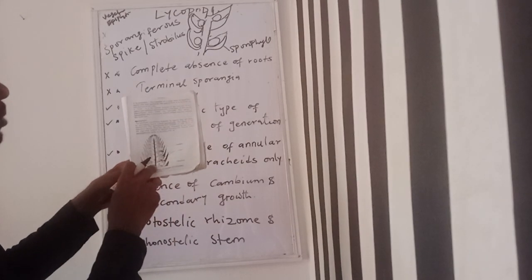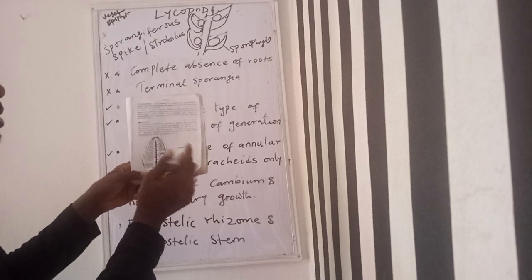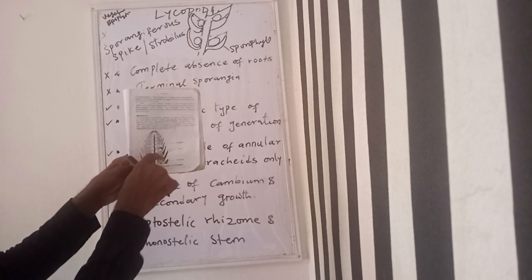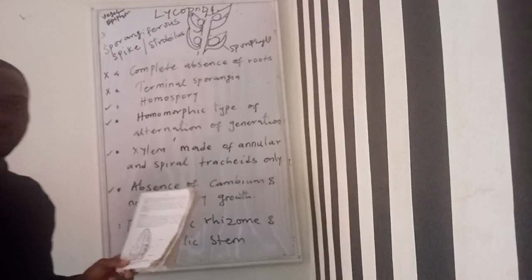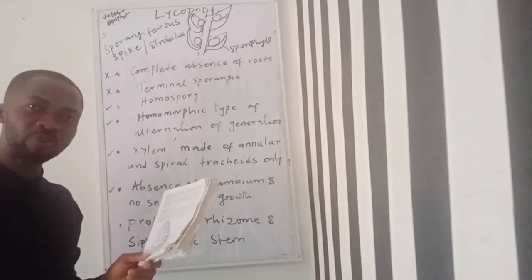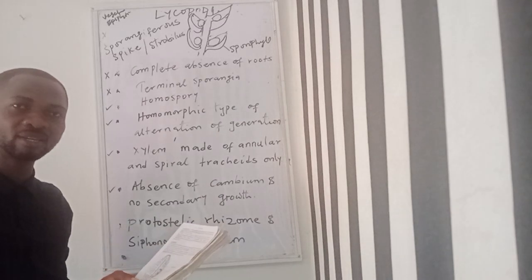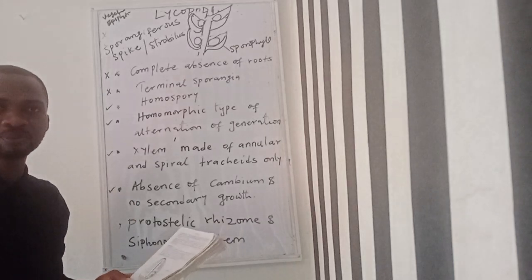This is the reproductive branch which I've mentioned. You can see the sporophyll. Inside these sporophylls you now see the sporangium, and inside the sporangium, of course, you see the spores.